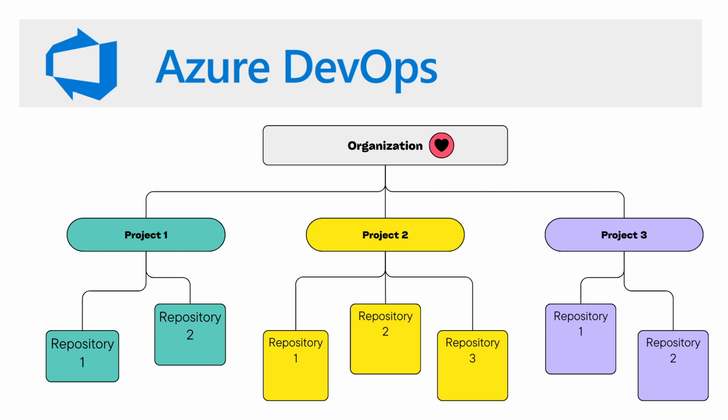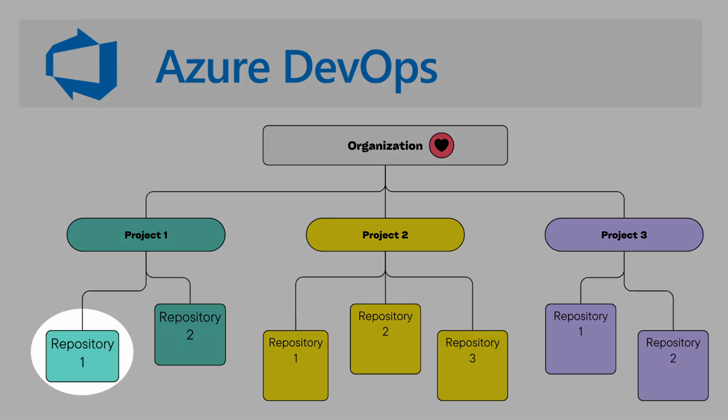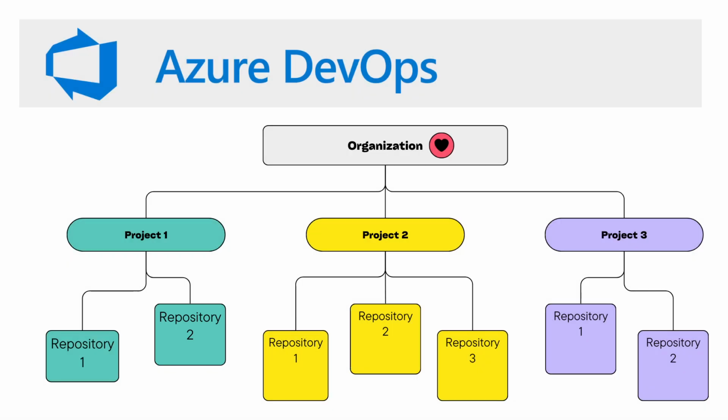Under that you can create many projects. Let's say for example sales, you can have a separate project. For enrollment you can have a separate project, and for digital team you can have a different project. Under each of the projects you have a separate repository for each application. Let's say for example front end you can have a separate repository, and for back end you can have a separate repository. Like that you can have. And one of the restrictions is that you can create only 1,000 projects under a single organization.